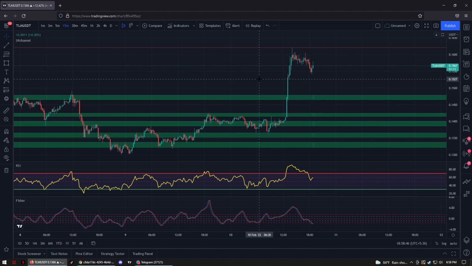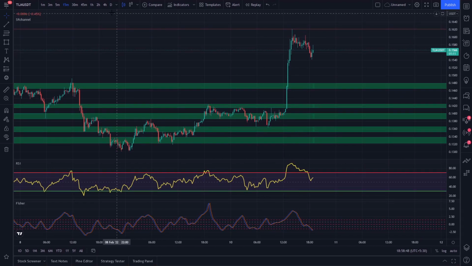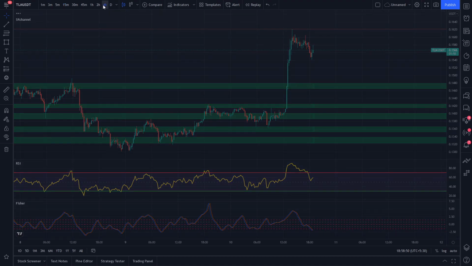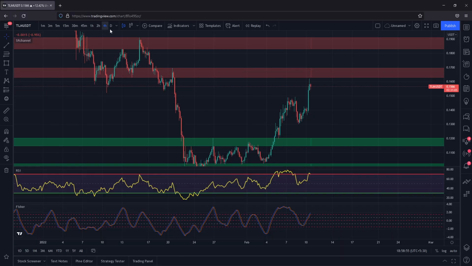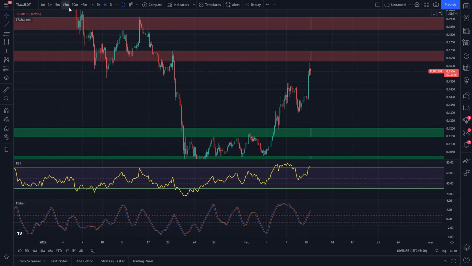You don't see a resistance line here, because I took the resistance based on the forward chart. There you go, you see it right here. It's better if you keep switching the time frame, so you get multiple resistances based on the time frames. So this is where I took my trade.